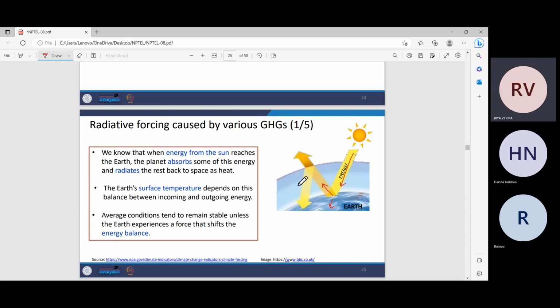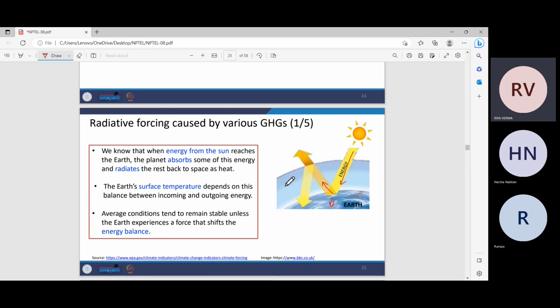So, due to this, the surface temperature of the Earth depends on the balance between this incoming and outgoing energy. If the incoming energy is way more than the outgoing energy, then the temperature of the Earth tends to increase. The average conditions tend to remain stable unless the Earth experiences a force that shifts this energy balance, that is, how much energy is coming in and how much is getting out from the surface.